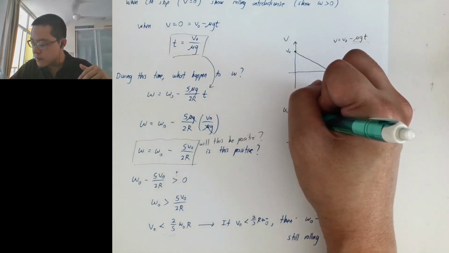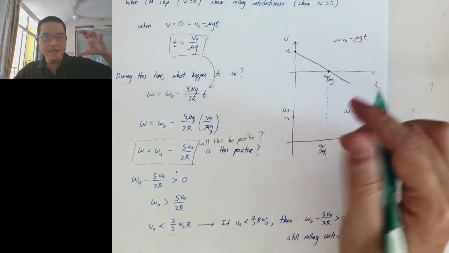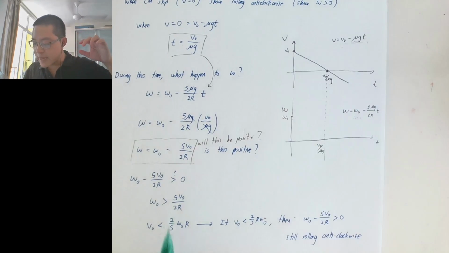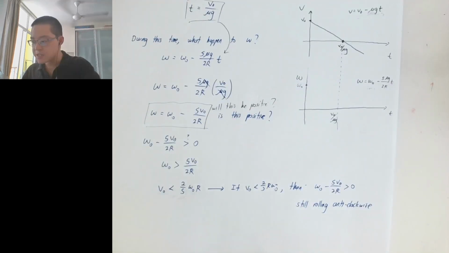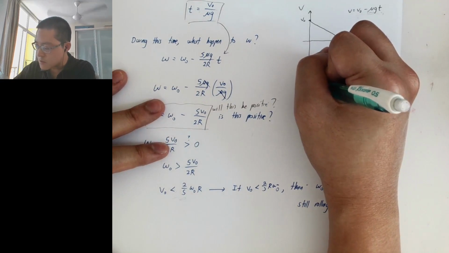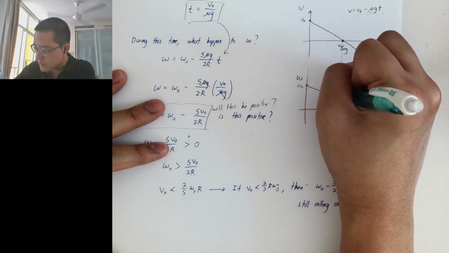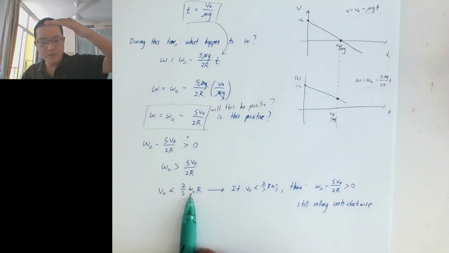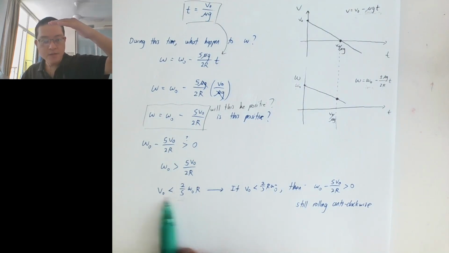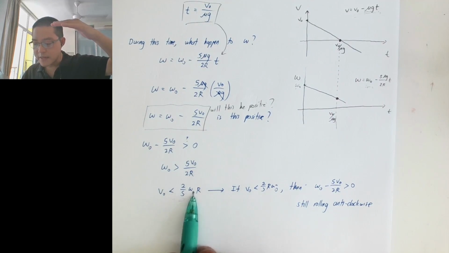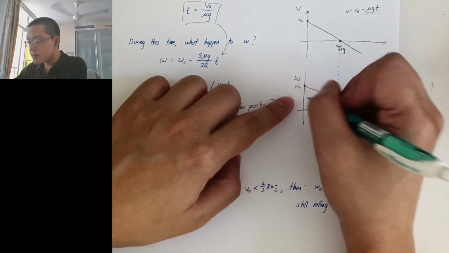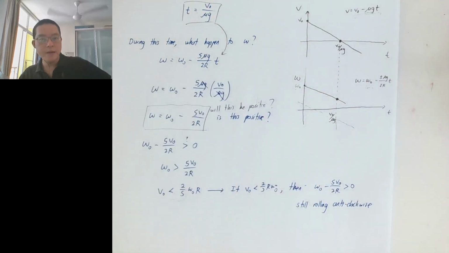For different omega 0, you get a different starting point, and then this is a downward slope. If omega is large enough, then this downward slope will still be positive when I reach this point. I want omega to be high enough, larger than this. If omega is too small, then my graph will intersect in the negative region, so it will become anti-clockwise.